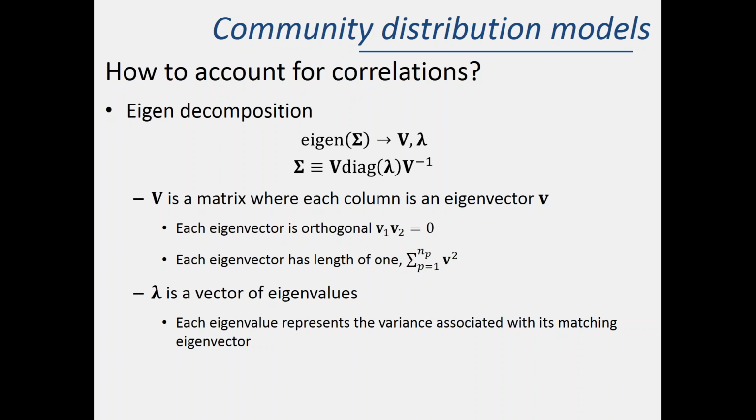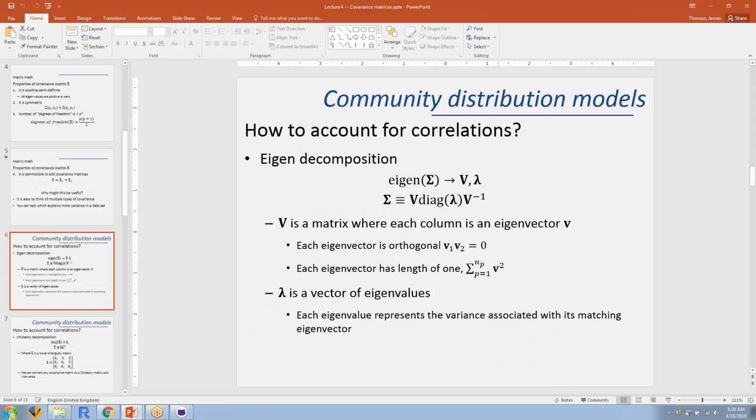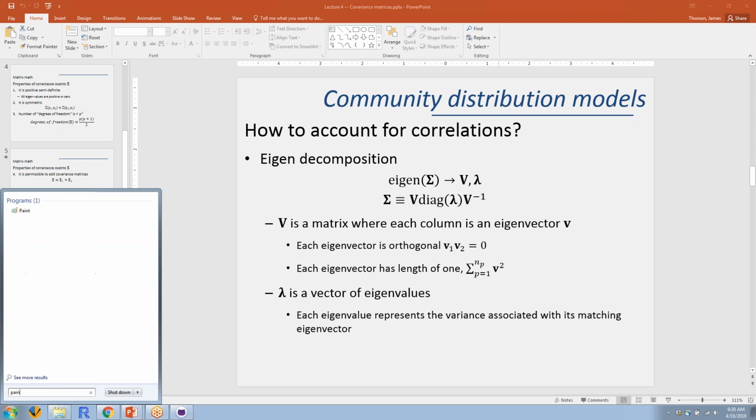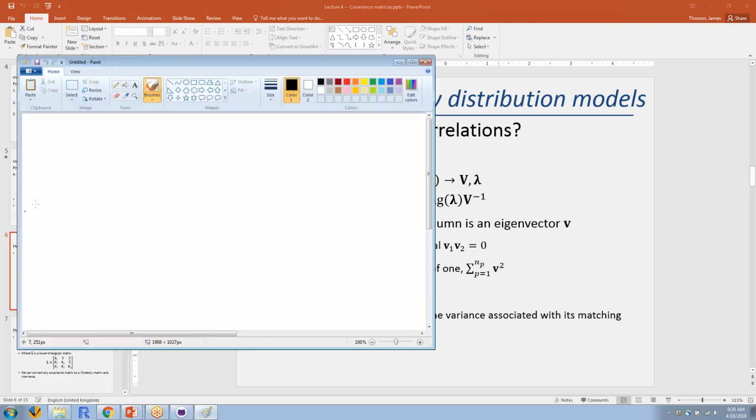If Nat was here, we could talk about the ellipse, if you've got a 2x2 covariance matrix.